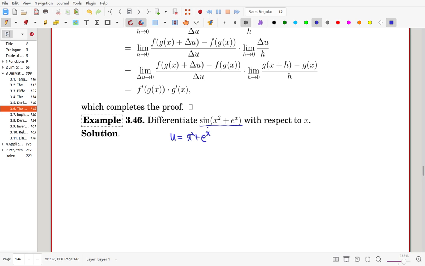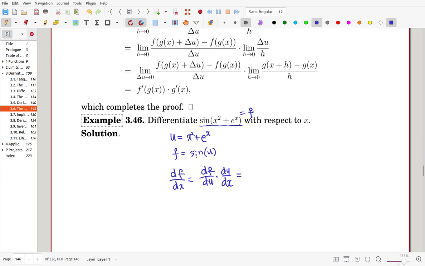Then the given function, let's say this is f, can be written as sine of u, so df over dx is the same as df over du times du over dx.